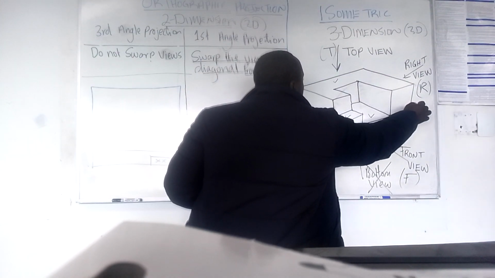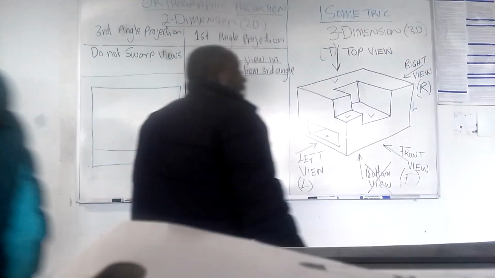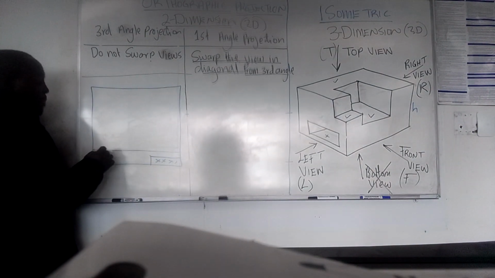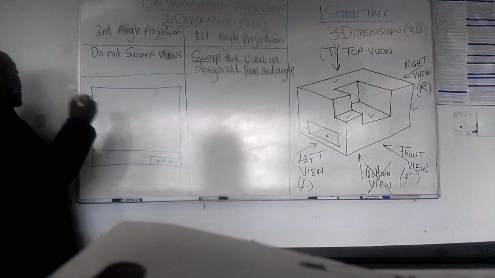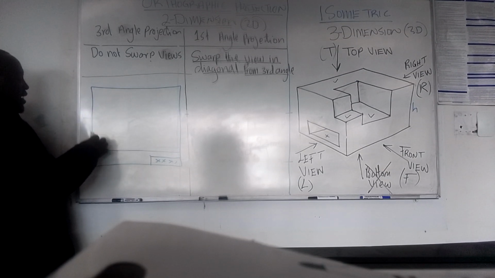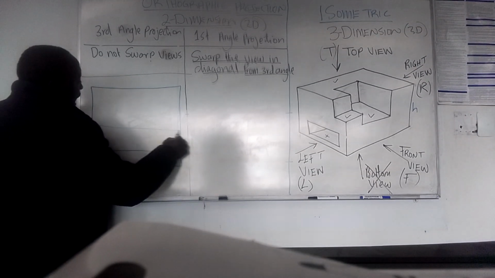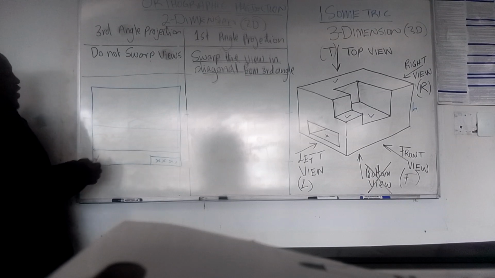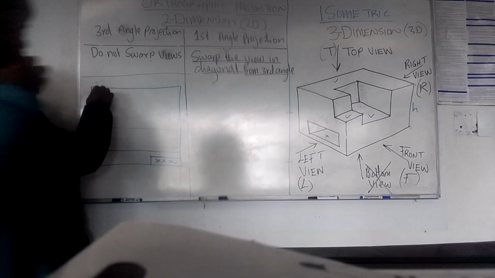This height, let's say h. Measure the full height. Remember this blue ink I'm using is for faint lines. Measure the height h. Draw a faint line. Then go on top.